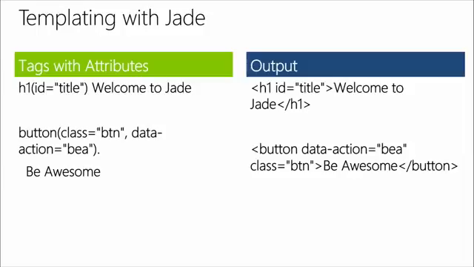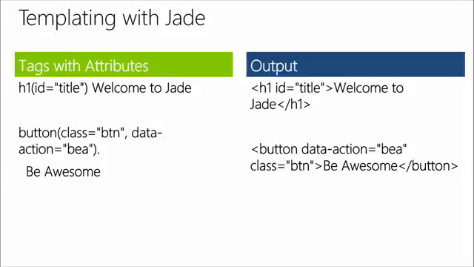So if we're looking at templating with Jade, we gave another example here. Sometimes you're like, okay, that example you gave is awesome, but super simple. I'm going to need to add classes, IDs, all these things. On the left is your Jade syntax versus the output on the right. You've got your H1 and we're going to give it an ID.